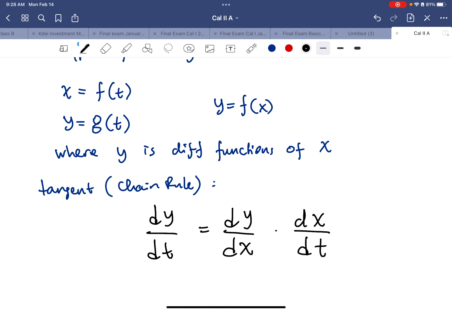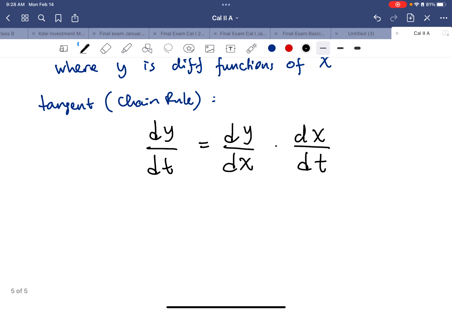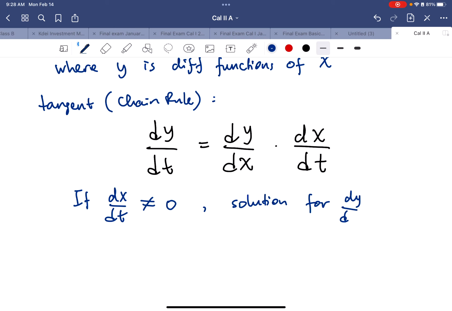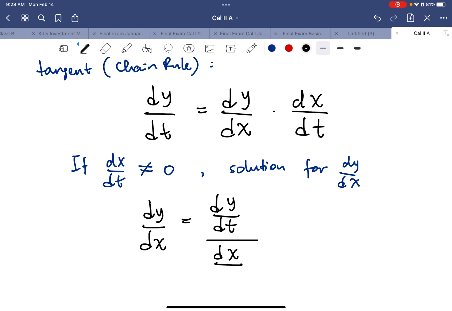And we can write this as, if dx over dt is not equal to 0, we can solve for dy over dx, which is dy over dt divided by dx over dt.